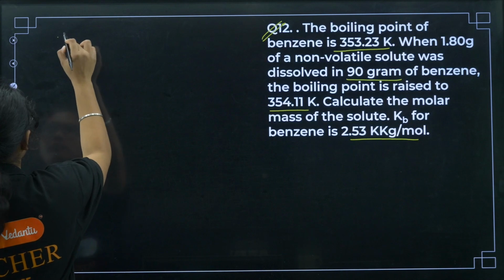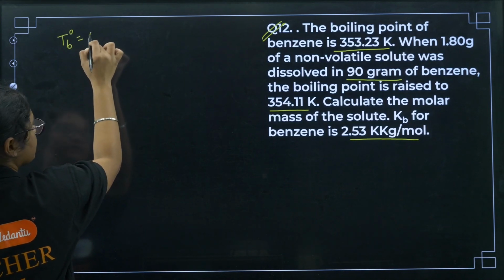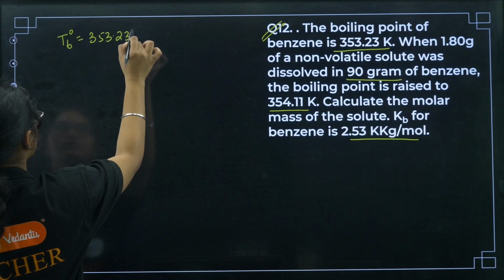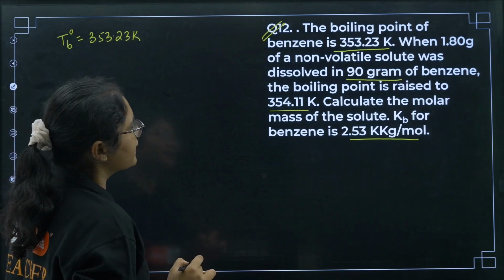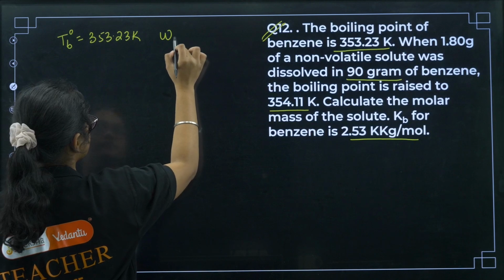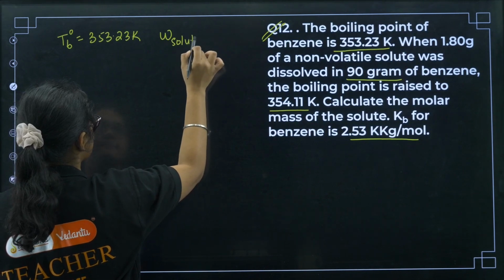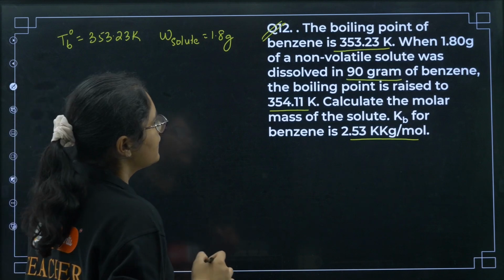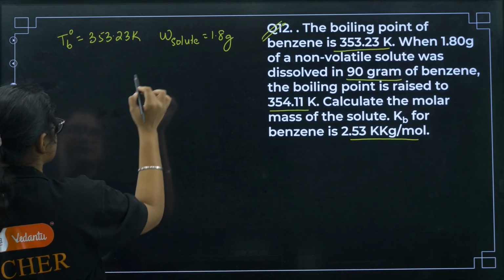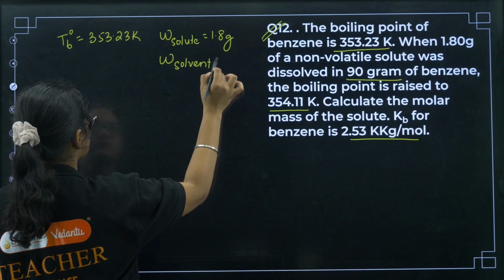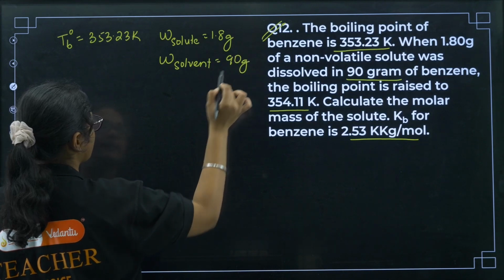We have the pure benzene, right? T naught B value is given to you: 353.23 Kelvin. Next, 1.8 gram of non-volatile solute, so the mass of the solute is 1.8 gram. Then 90 gram of benzene, so the solvent is 90 gram.